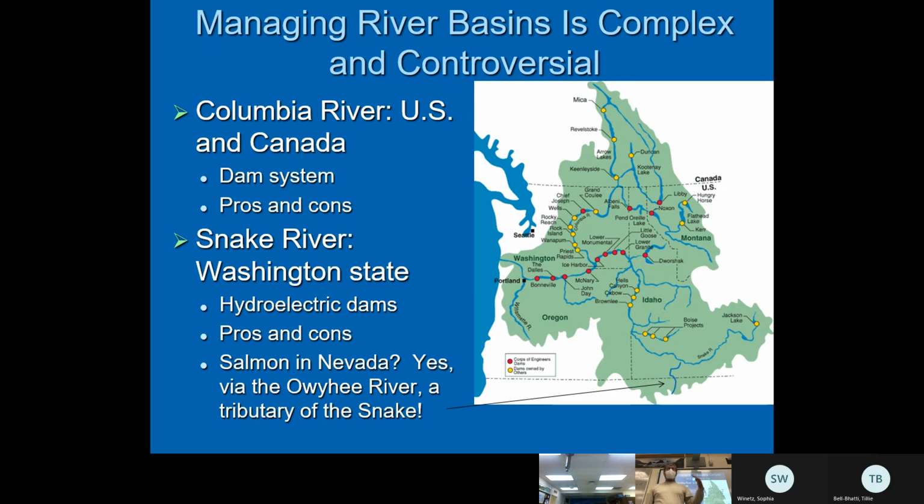It's a pretty amazing thing that they can find the same place where they hatched as a baby. The only problem is all these red and yellow dots are dams on that river, which makes it hard for the fish to get upstream as adults. It makes it hard for the baby fish to get downstream as well.